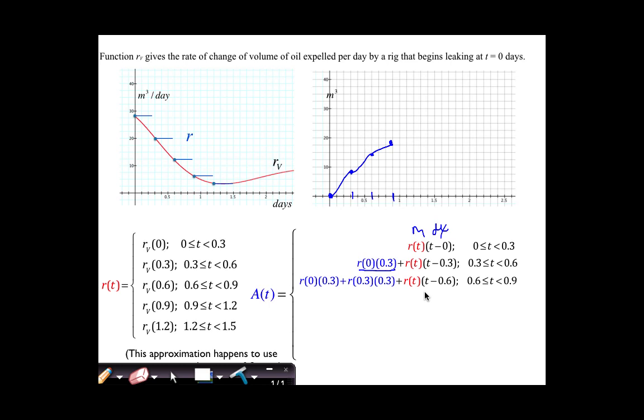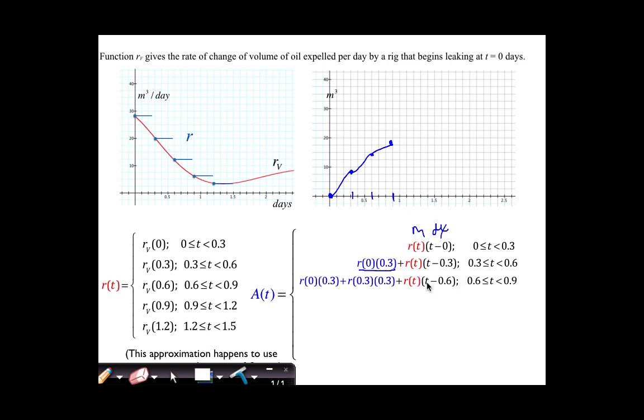Plus, well, if t is between 0.6 and 0.9, depending on exactly how far between, I'm going to use that next rate, the rate that applies to t between time 0.6 and 0.9, for a little bit. Anywhere between 0 and 0.3 is how far I'm going to use this, because those are the sorts of results I could get here.